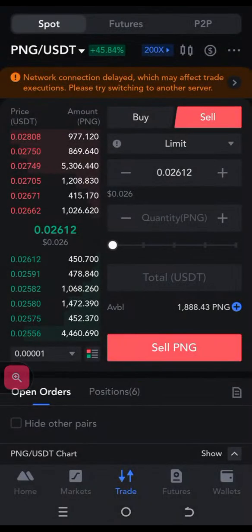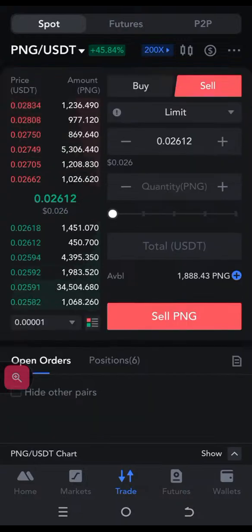Let's wait and see if this is gonna go. I'm not sure. I'm trying to see what its next move is. Is it gonna go down? Is it gonna go up? If it's gonna go up, then I will go with a higher one.